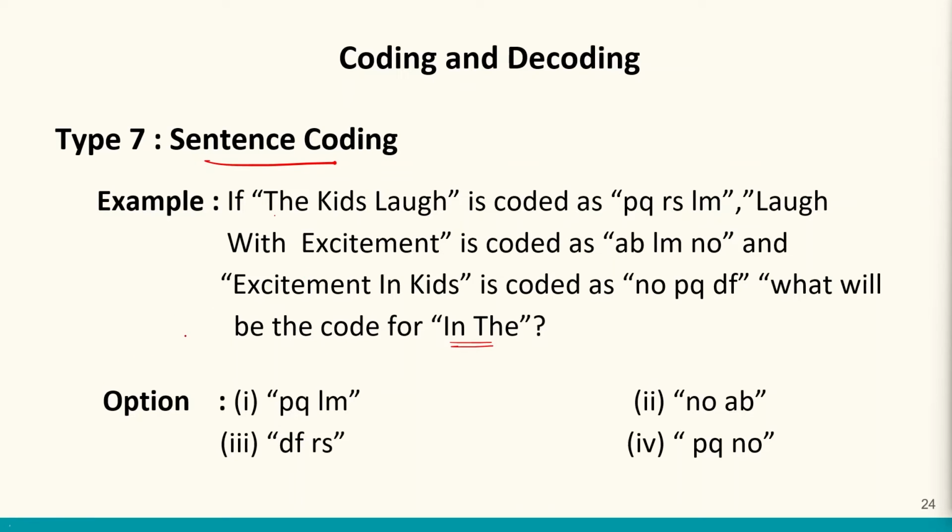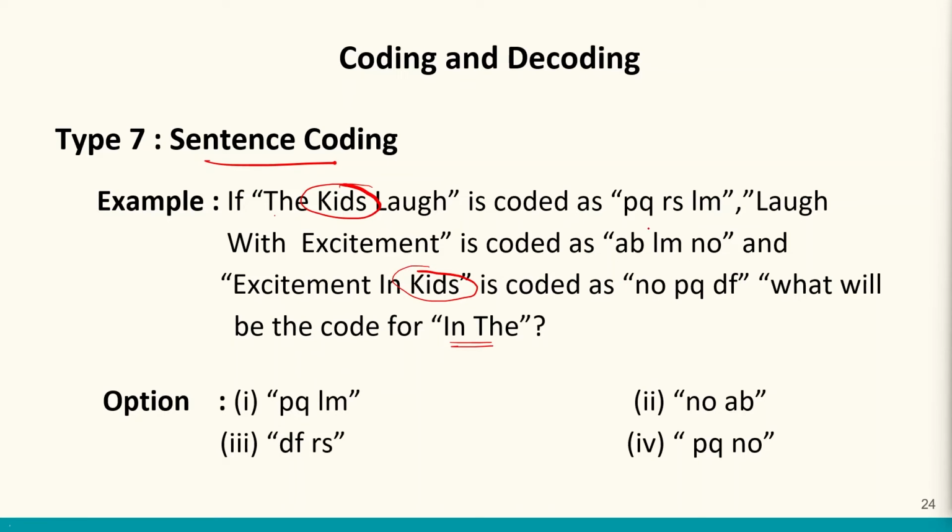Let us find a sentence in which we have either of the three words. In this sentence, "excitement in kids", I can see the word kids, right? So kids is common over here and here.